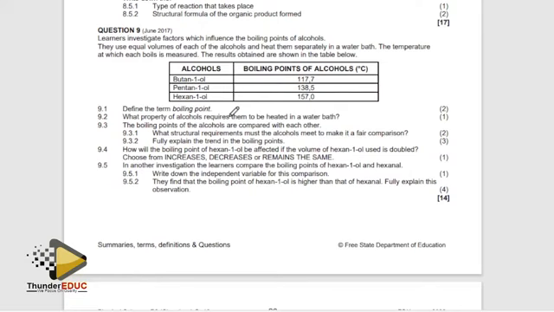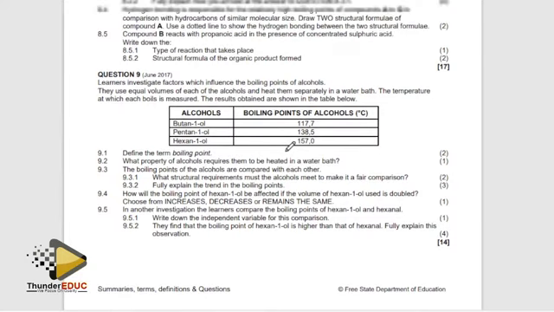When they say boiling, it is the process when the vapor pressure is equal to atmospheric pressure. But when they say boiling point, then you say it is a point at which that happens. Please make sure that you differentiate that.